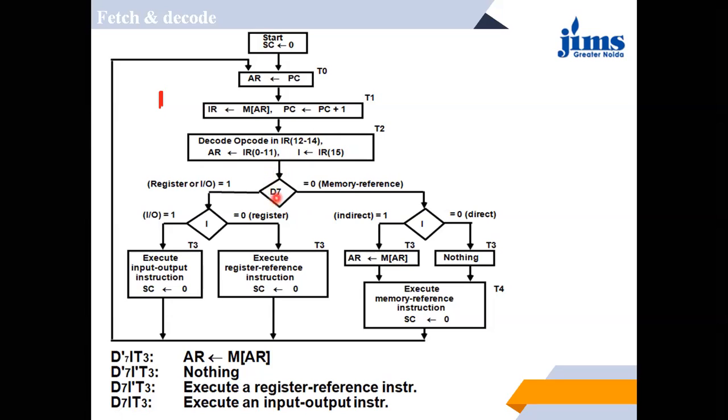Suppose we select D7, it will check whether D7 is selected or not. We discussed that there can be three types: memory reference, register reference, or input output reference.